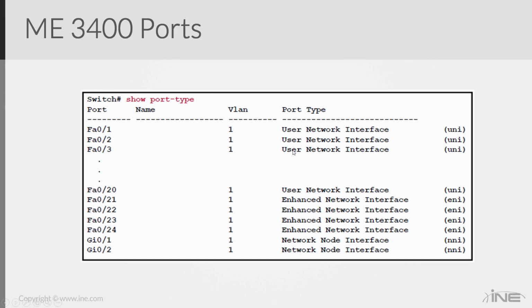Could be another router, or another device of some type that's a host, an IP phone, for instance. ENI is going to add additional capabilities, where these 4 ports could be bundled together in a port channel, and then Gig 0/1 and Gig 0/2 are more than likely connected to an uplink beyond that.